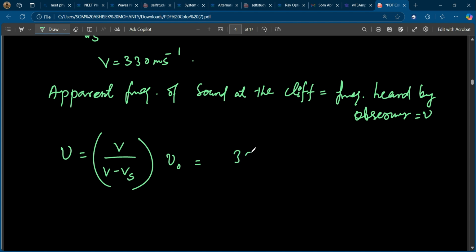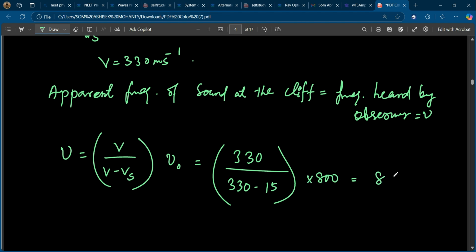So that is 330 by 330 minus 15, into 800. All right, so that will give me 838 hertz. That is the answer.